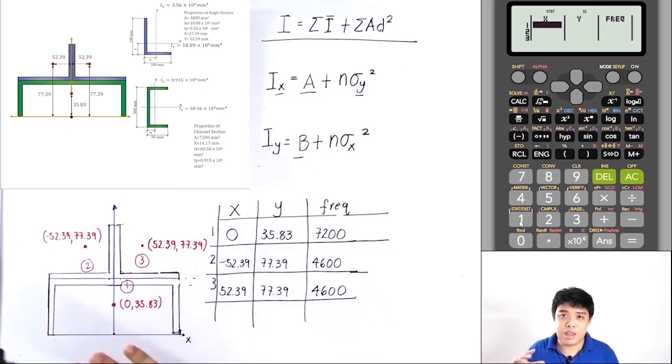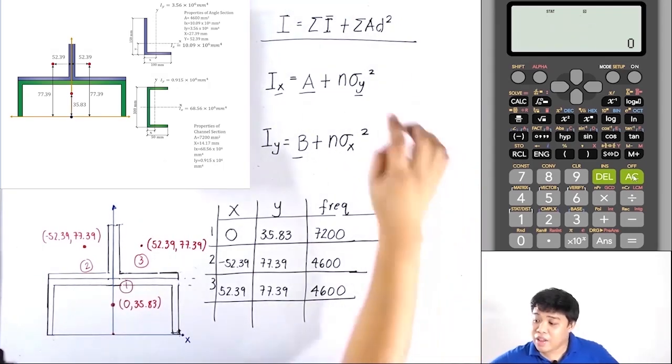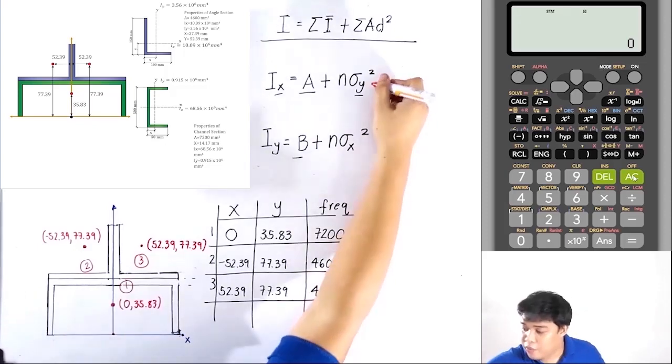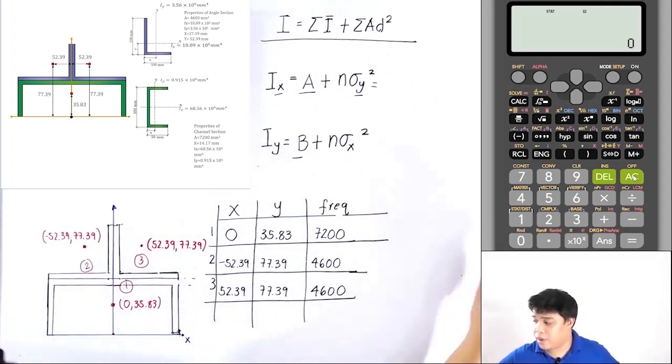So what is the advantage of this? You don't have to get the distance one by one, and you don't need to use the Parallel Axis Theorem to calculate the location of the neutral axis. Let me put it in the calculator. After inputting it, press AC, and then follow this formula. For I about x, you just press this: a plus n sigma y squared.